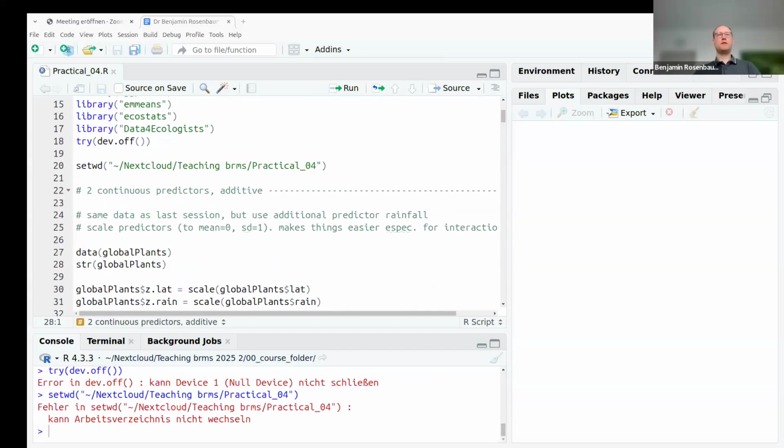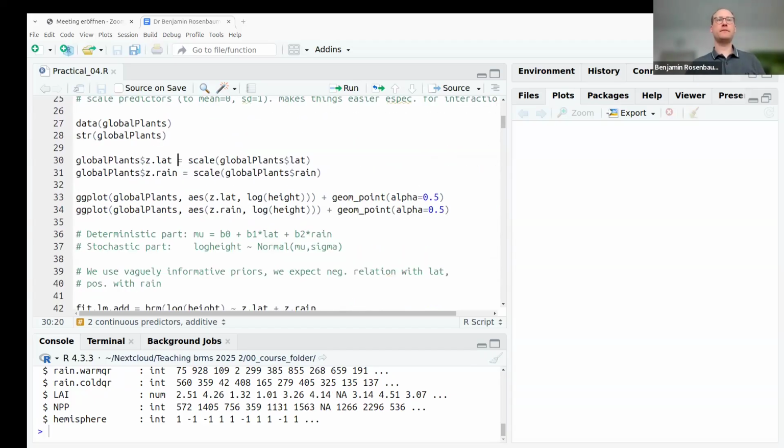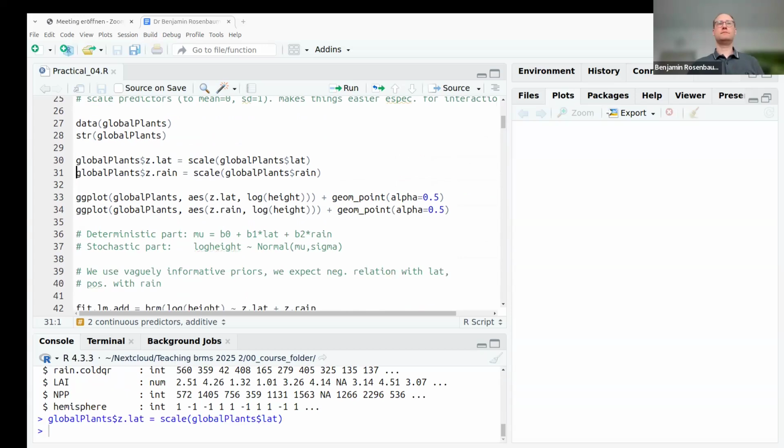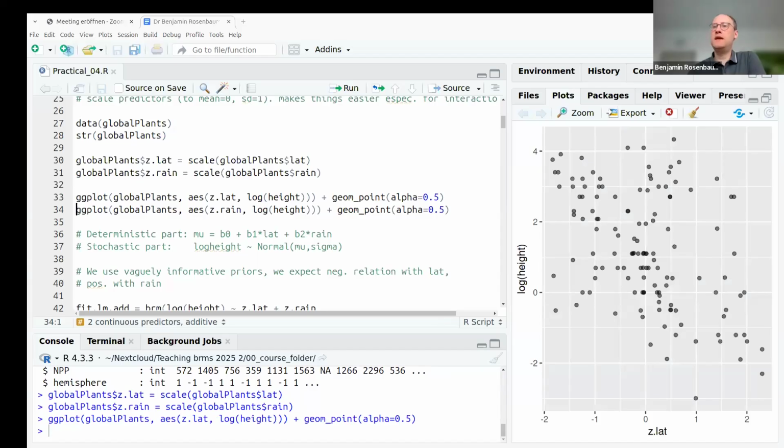So we start with the global plants data set again. Here I use the scale command to scale my predictors, latitude and rainfall, so that the mean of both predictors is 0 and the standard deviation is 1.